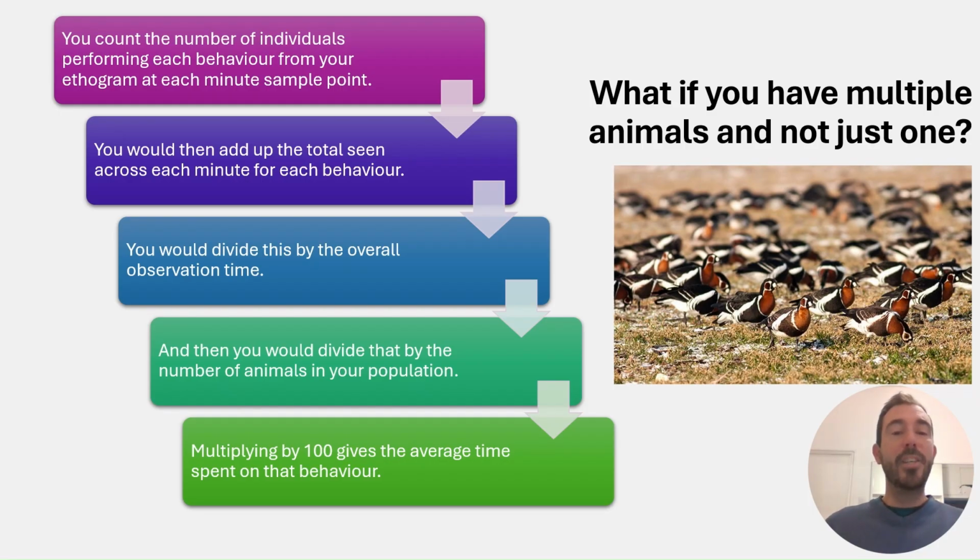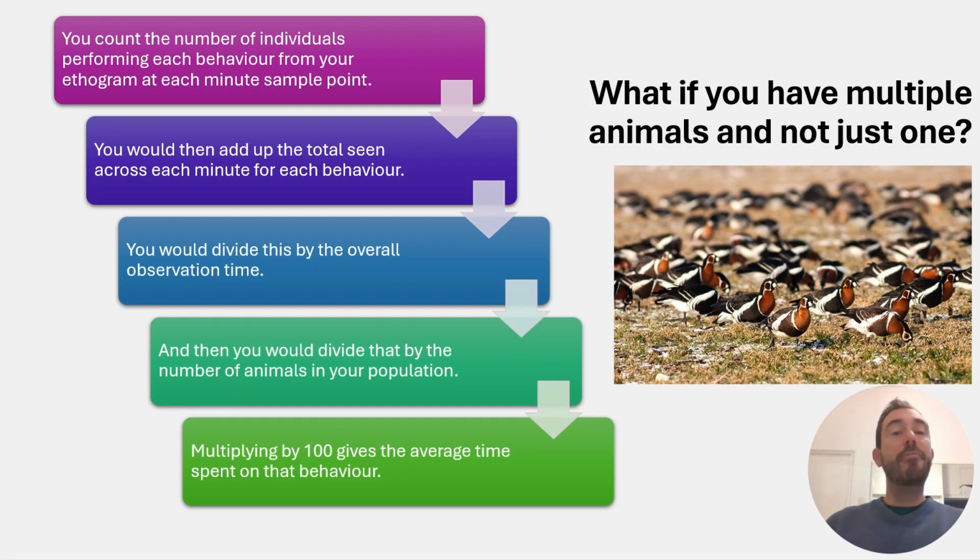You would then add up the total number of individuals seen performing that behaviour across each minute. You then divide that by the overall observation time. You then divide that by the number of animals in your population. So it's important to get a handle on how many animals are there. And then you multiply that by 100 to give you the average time spent on behaviour.